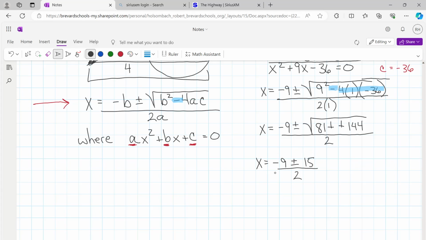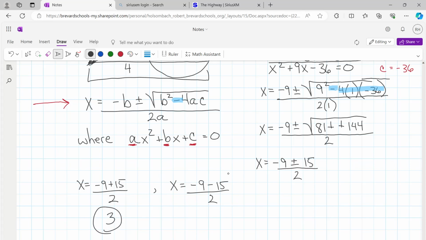Now, what that means is that x is equal to negative 9 plus 15 divided by 2, and x is also equal to negative 9 minus 15 divided by 2. So negative 9 plus 15 would be 6 divided by 2, which is 3.